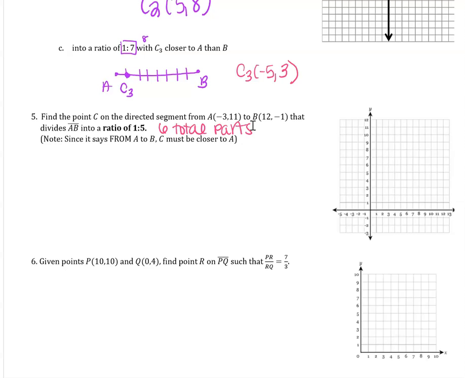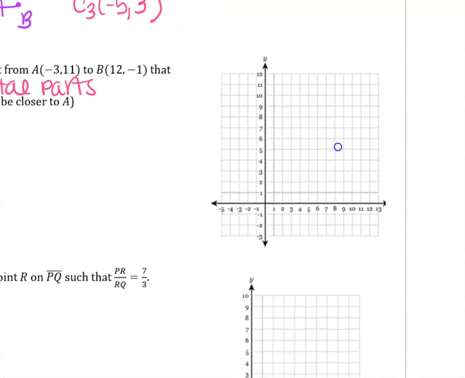So, first of all, let's get a visual of what this looks like. So A is at -3, 11. Black again. -3, 11. And B is at 12, -1.